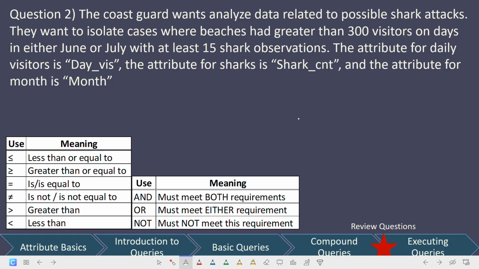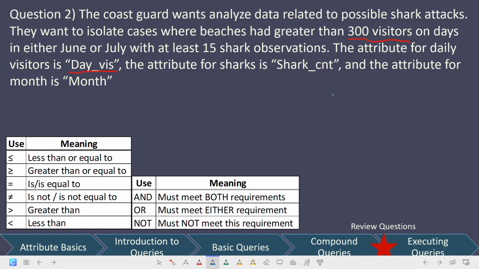Okay, so let's go ahead and work through our answer here. Like I said before, there's actually 4 queries in here. We need to look at 300 visitors relative to day viz. Actually, let's color code that. We know we need to do 300 visitors tied to day viz.